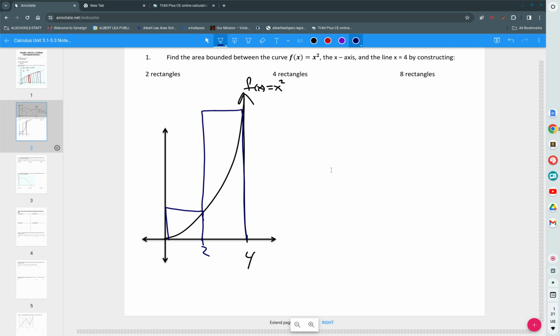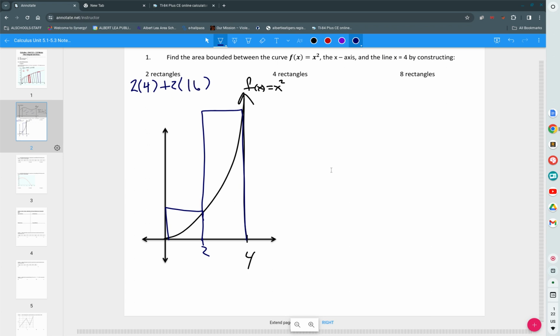Let's calculate the area. We have the width of the first one times a height plus the width of the second one times a height. You guys already told me the width of each one was 2. What is going to be the height of the first rectangle? 4. How'd you get that? You took 2 and you squared to get 4. What's the height of the second rectangle? 16.